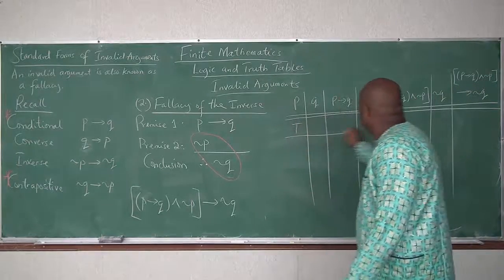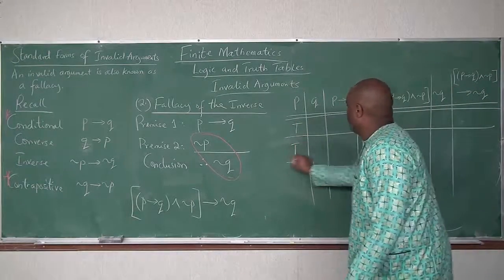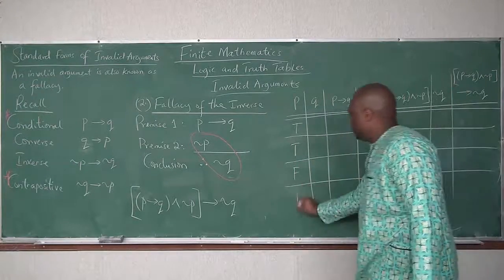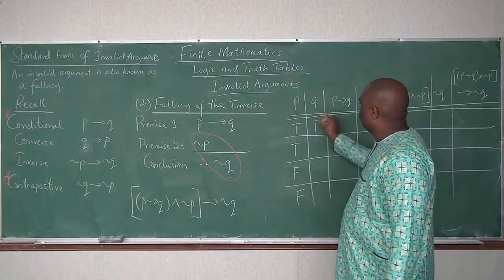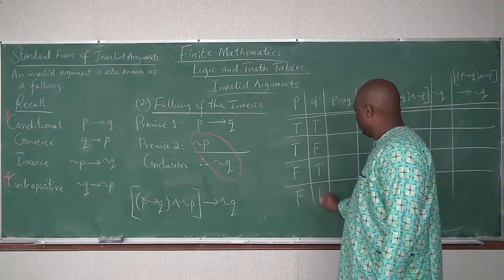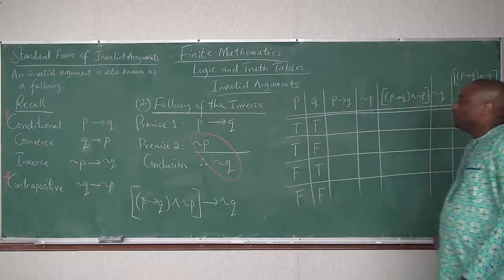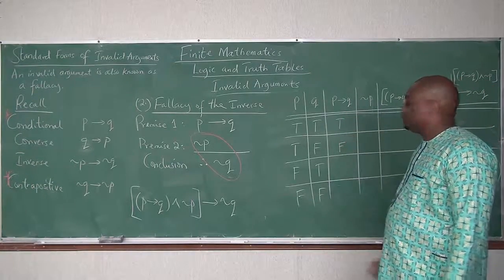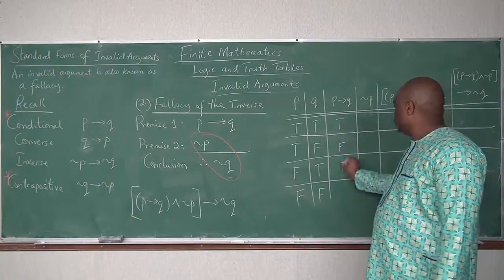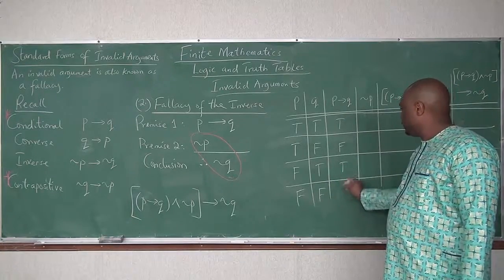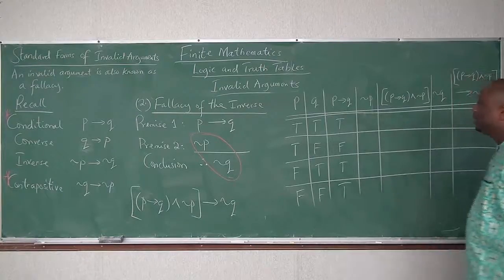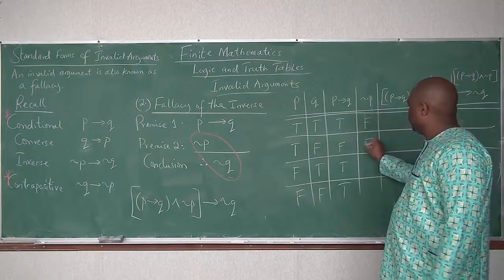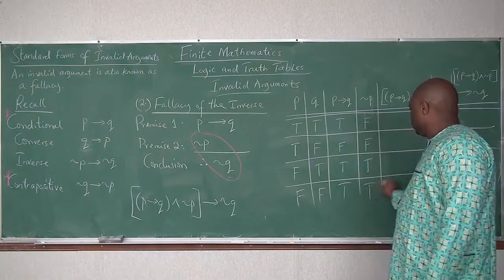So I have true, true, false, false, and here I have true, false, true, false. So true implies true is true, true implies false is false, false implies true is true, false implies false is true. Not P: not true is false, not false is true.